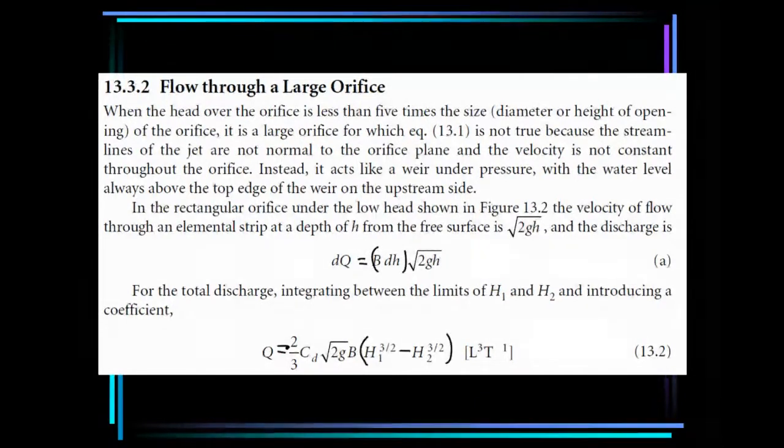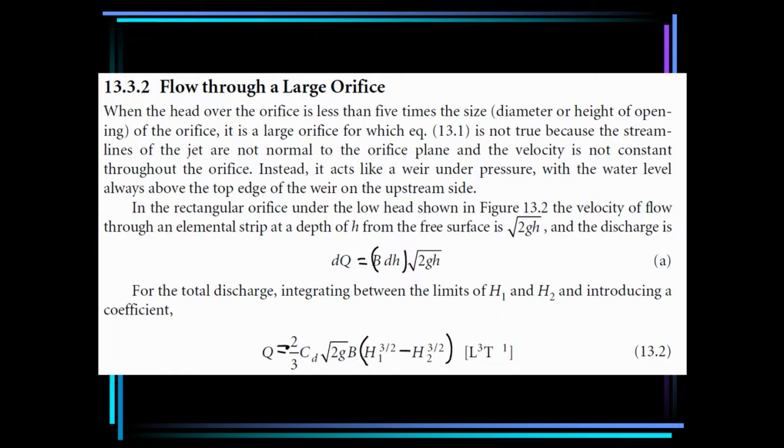When the head over the orifice is less than 5 times the size, that is the diameter or height of the opening of the orifice, it is a large orifice, for which the previous equation for a small orifice is not true.